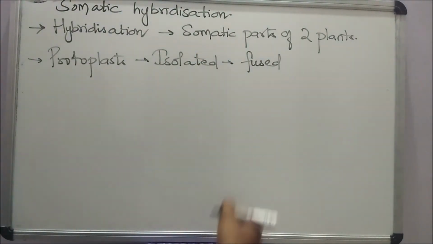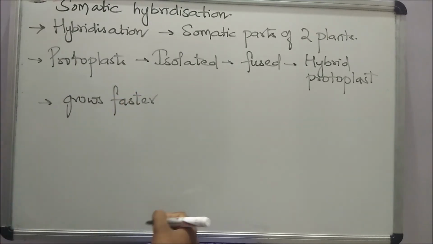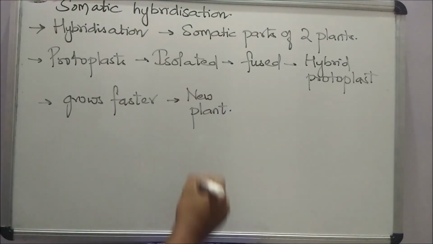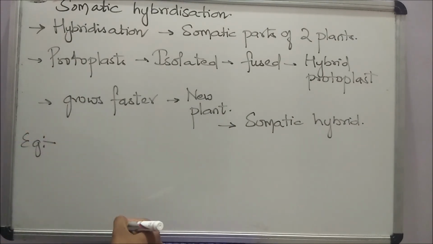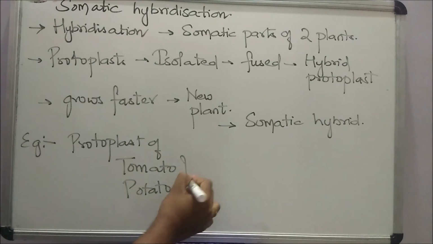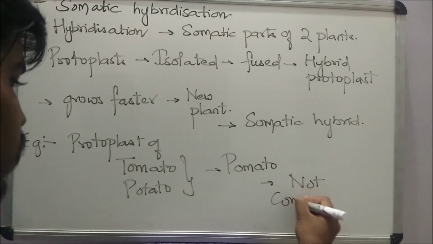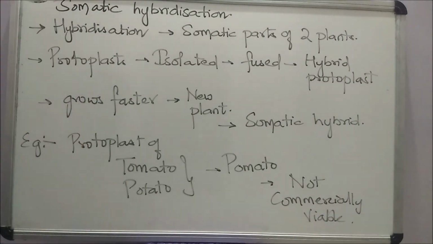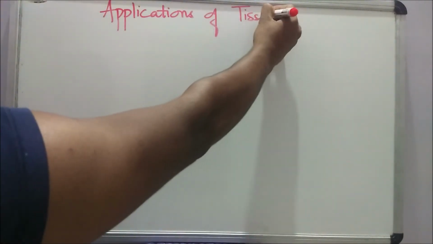Protoplasts are isolated and fused to get a hybrid protoplast which grows further to form a new plant. The new plant formed is called a somatic hybrid. For example, the protoplasts of the potato and the tomato have been fused to form pomato, but this plant is not commercially viable.